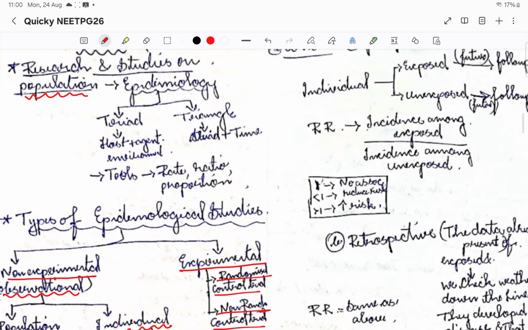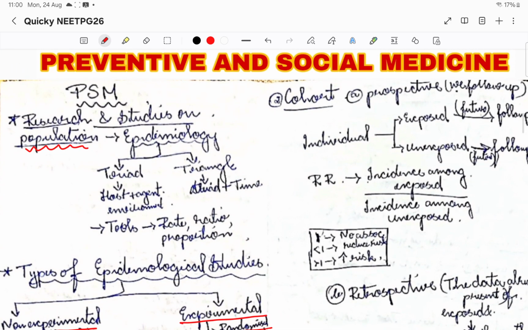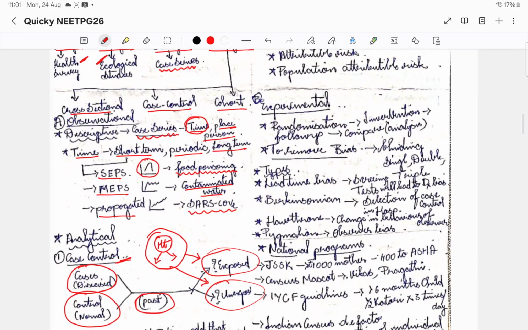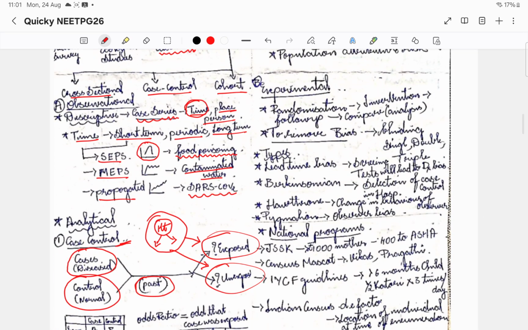Whereas in cohort, we are going to do two things. One is we are checking the exposure or giving the exposure, and then we follow up in the future to find out whether they'll develop a disease. Here in case control, the question will contain that the person has already developed the disease.